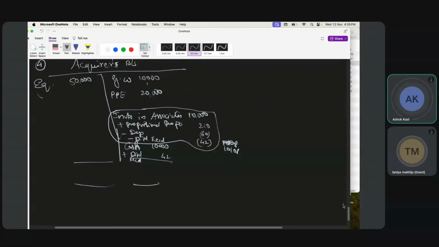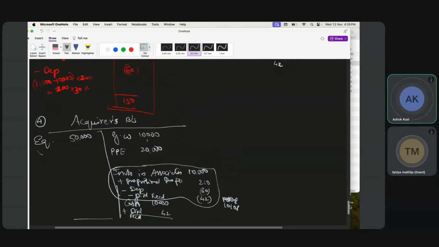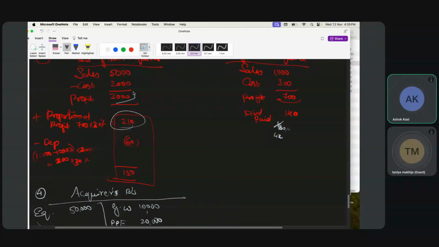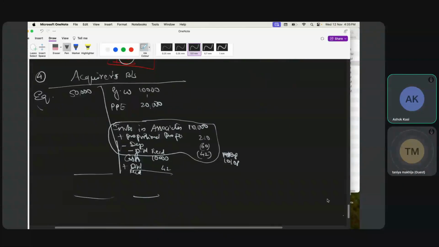Okay. Now, if you want, you may check also. Ignoring other transactions, we will take only this company's. This 3,000 we will ignore. Okay, we will take 150 here, retained earnings 150, and this amount. Now you check whether both sides are matching or not.